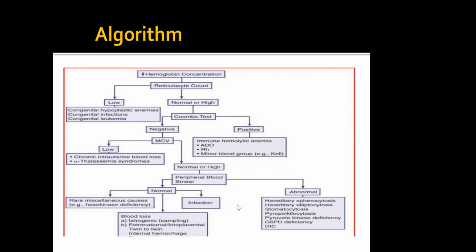You can think of infections if toxic granules are present, or blood loss. If your peripheral smear shows abnormal cells, like spherocytes, schistocytes or others, that can tell you exactly what you are dealing with. So all this can be estimated by your peripheral smear itself. Whenever you're thinking of anemia, please ask for a peripheral smear.